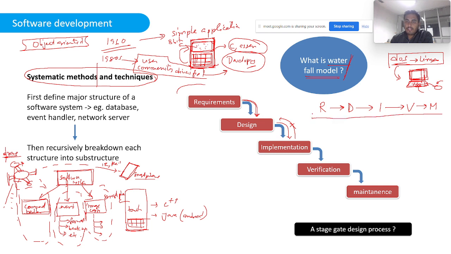So this model of software development was a linear process where, for example, if you want to develop a mobile application, back in the 1980s, when someone tried to develop a computer application, they first came up with a set of requirements. Once requirements are finalized, they considered it as a checkpoint.